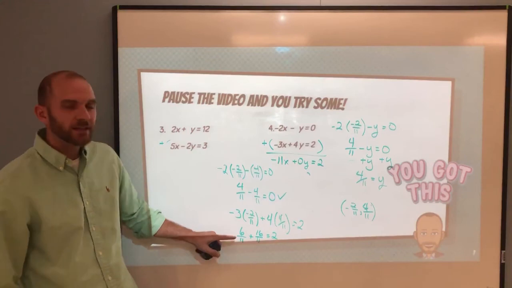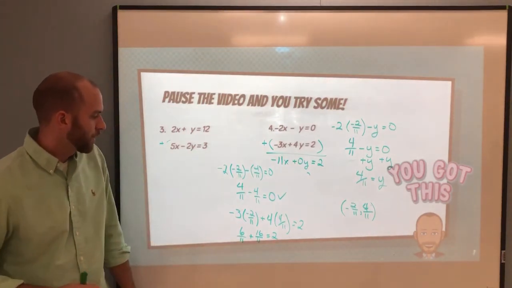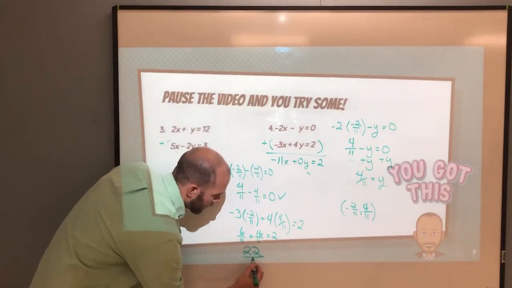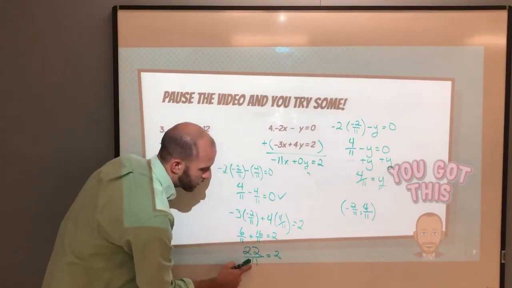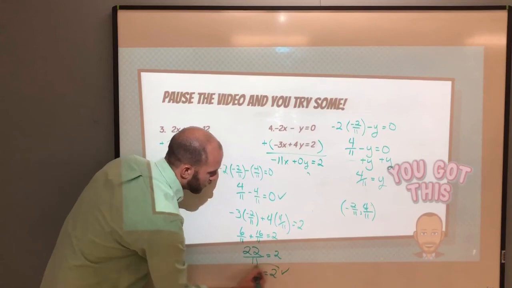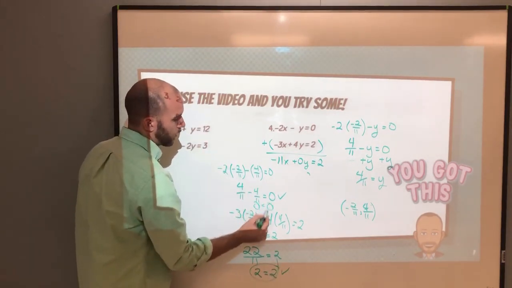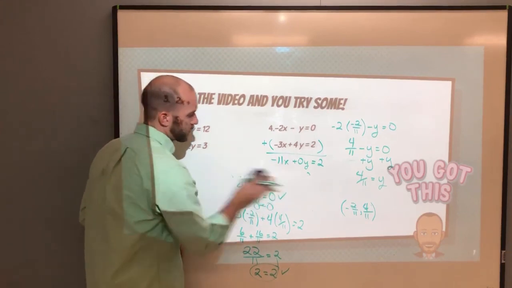So if we add fractions, keep in mind we only add the numerators. 6 plus 16 equals 22. This is going to give us 22 elevenths here. Does that equal 2? Yes, it does. 22 divided by 11 equals 2. So we get 2 equals 2. That works. We got 0 essentially equals 0 up here. So this is the proper solution.